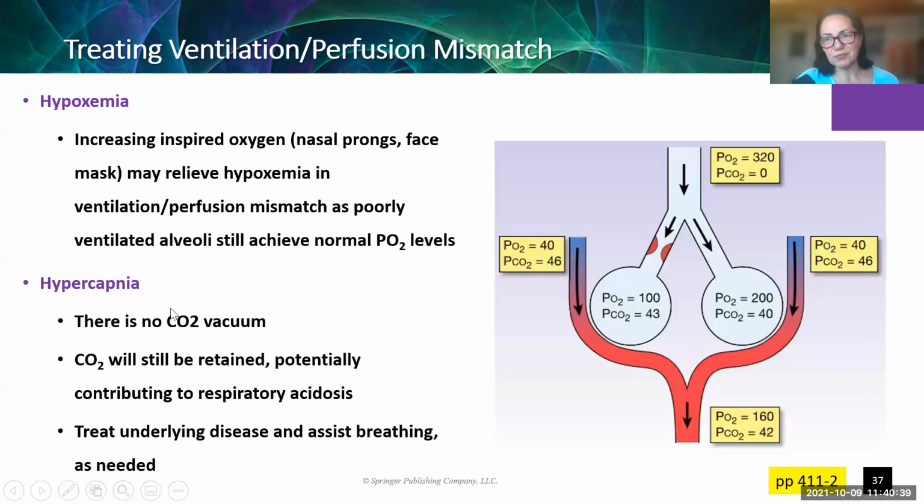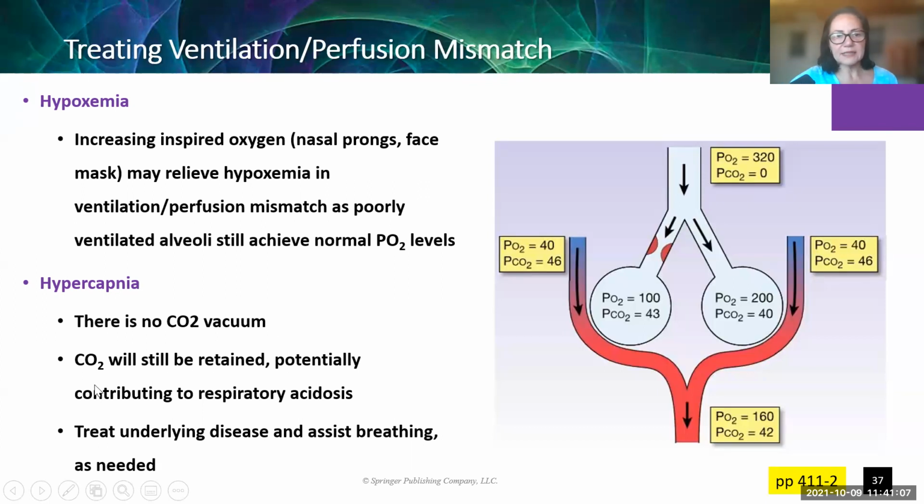Okay, so this is an unfortunate thing. There is no carbon dioxide vacuum yet. If you know any inventors, do mention this. It would be super handy to have some way of removing carbon dioxide from the bloodstream, but at present, we do not have a way to do this. Well, ECMO, but something a little less invasive would be helpful.